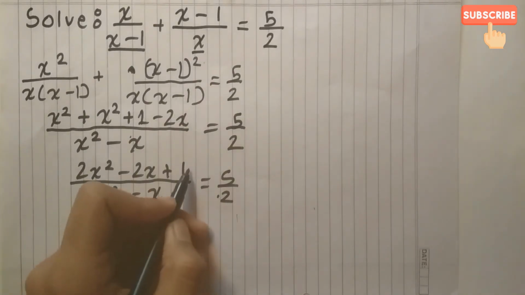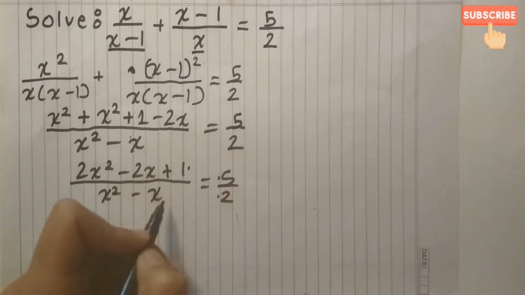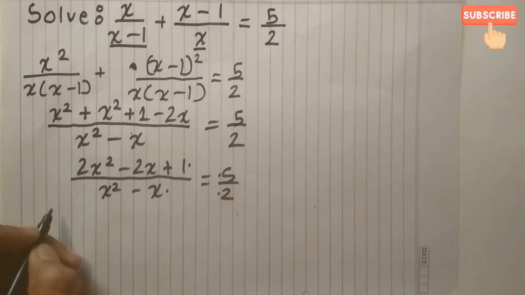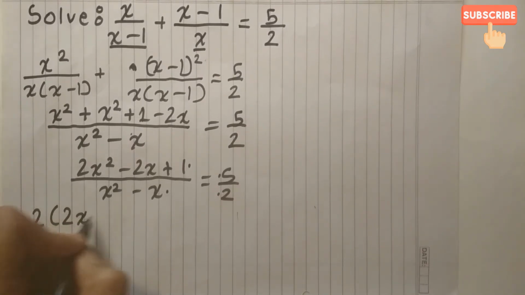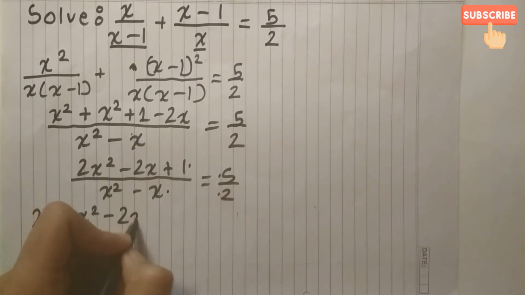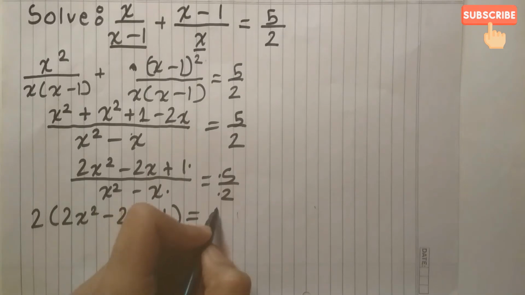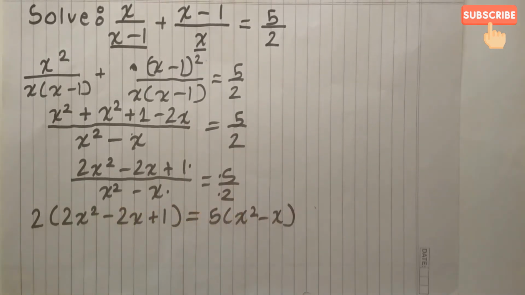2 will be multiplied by the numerator of this, and 5 will be multiplied by the denominator of this fraction. So let me write 2 times 2x squared minus 2x plus 1 equals 5 times x squared minus x.